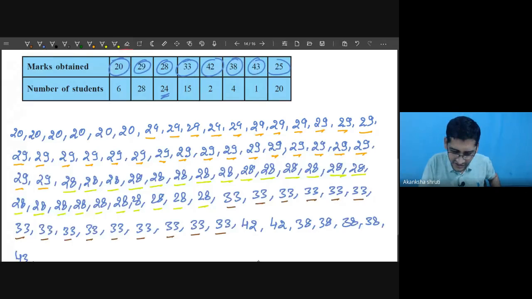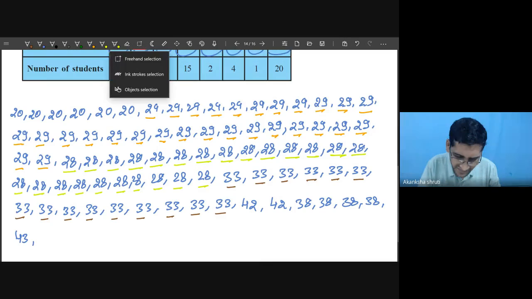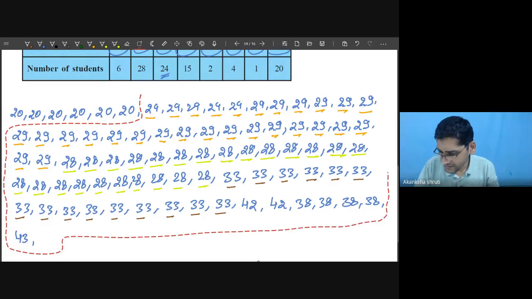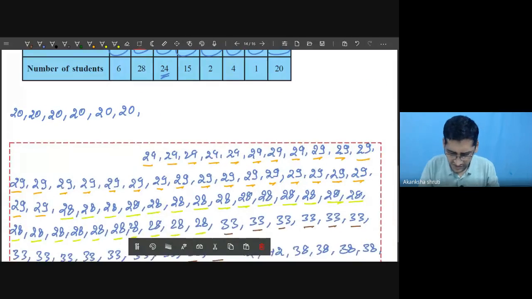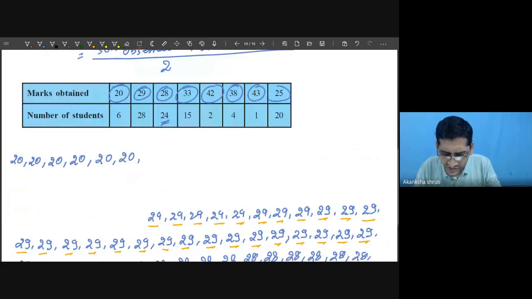So let us correct it. I'm just creating the space to write it. So here I need to write 25 first, because after 20 there is directly 25, which is 20 times.